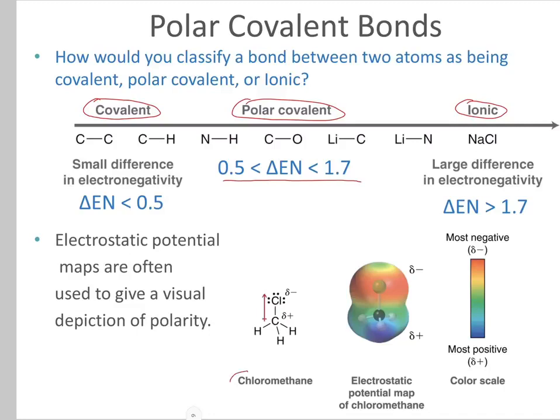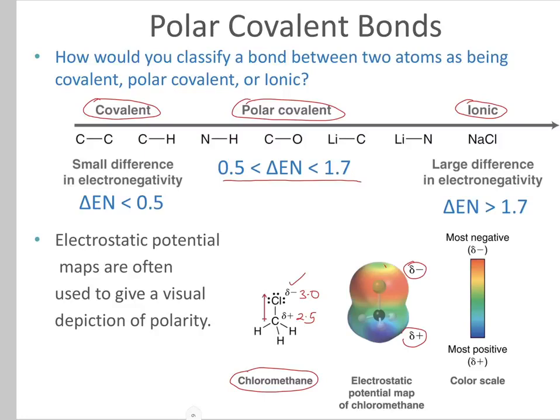An example we can look at is chloromethane. Carbon has an electronegativity of 2.5, chlorine has 3.0, which means that the bond between carbon and chlorine is polar covalent. So we can show the delta minus on the side of chlorine and the delta plus on the side of carbon.